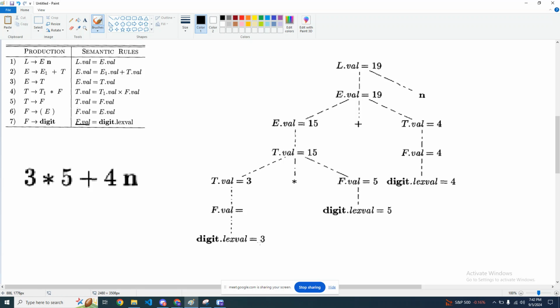The value of digit dot lexval is 3, so we take digit dot lexval into F dot val.